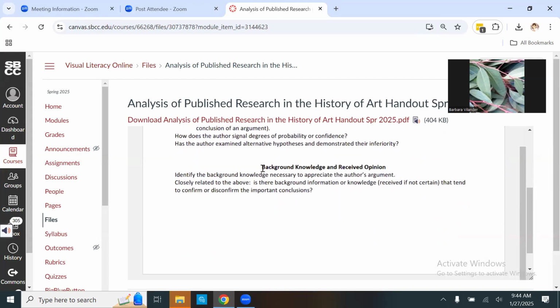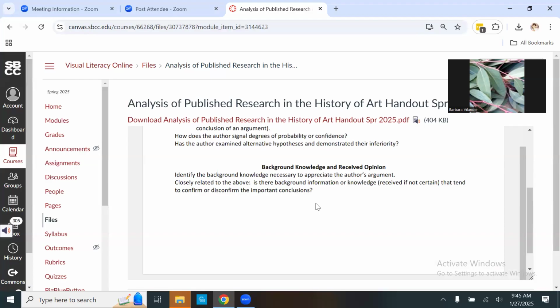Something that's important to know is what is background knowledge and received opinion. Background knowledge, so it says identify the background knowledge necessary to appreciate the author's argument. That means what knowledge do you have to have before you read the article to appreciate the author's argument? For example, if you're in the online class, do you have to know who Christo is?